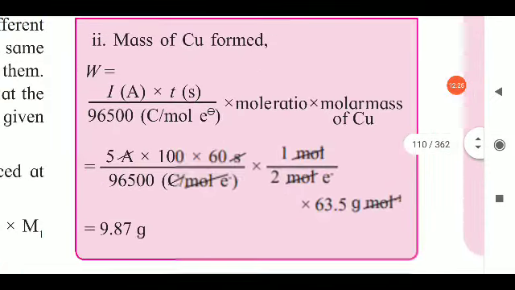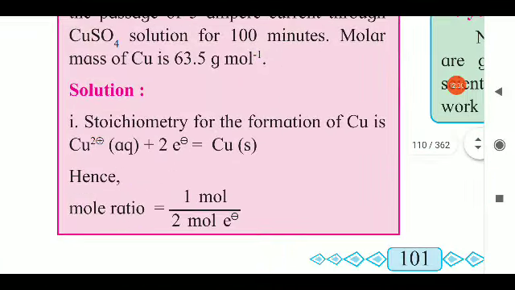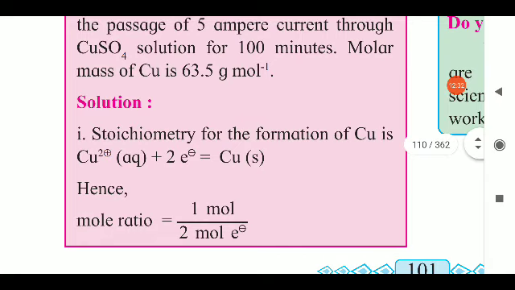So students, the given quantities in the problem are as follows. First, the stoichiometry of the formation of copper is Cu2+ plus 2 electrons gives copper solid, and the mole ratio that we want we have taken from the above reaction. Here, in place of the equal sign there should be an arrow.